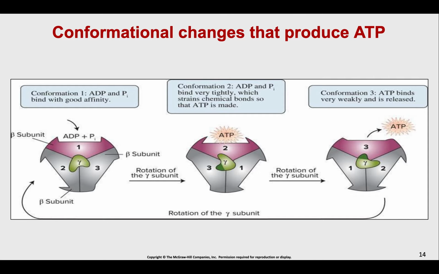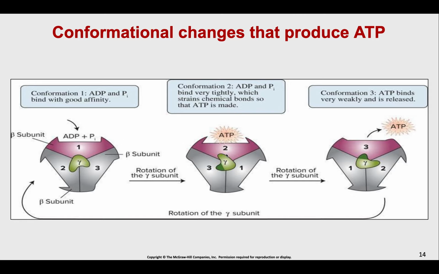I have this diagram that's also in your book to dig into this a little bit deeper. First of all, we have ADP and a phosphate group binding to one of the subunits on ATP synthase. We know a subunit is part of a protein, and we're talking about a protein because we're talking about an enzyme here. That's binding to that subunit.